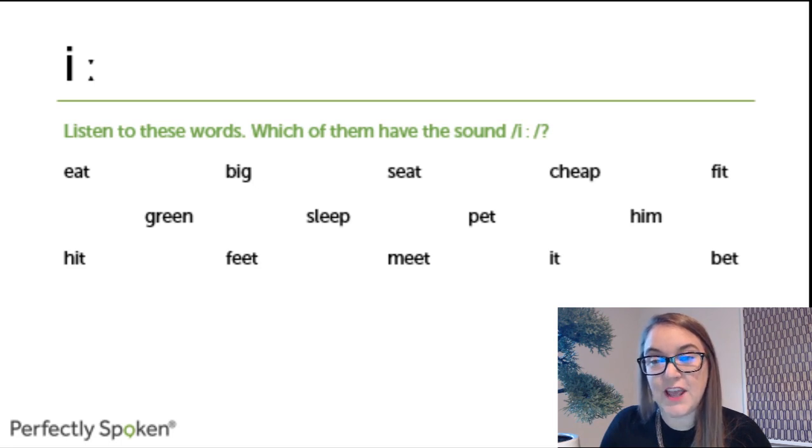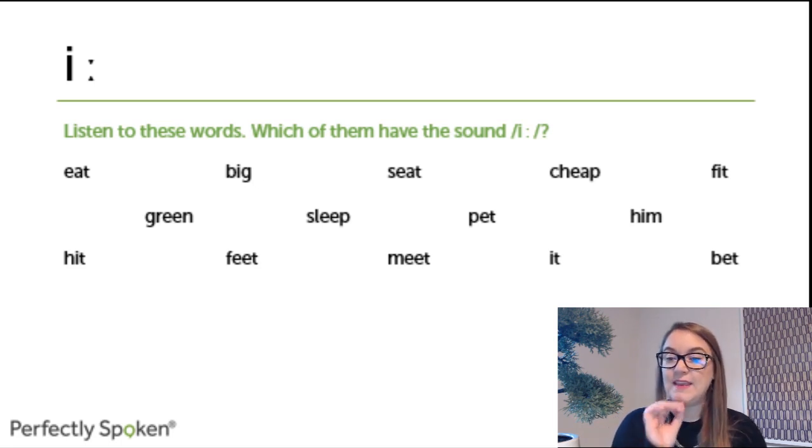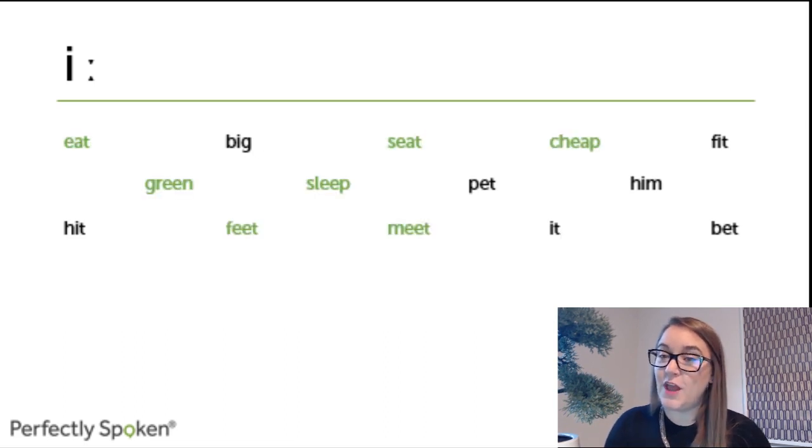Okay, pause the slide. Which have that long E sound? Well, hopefully you identified eat, seat, cheap, green, sleep, feet, and meet. Really well done if you identified all of those.